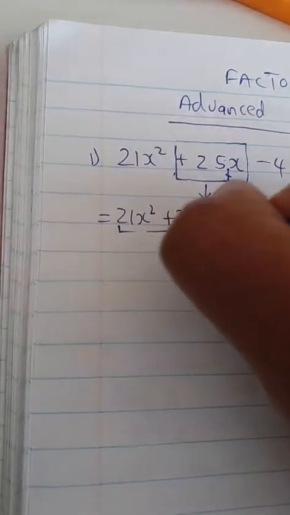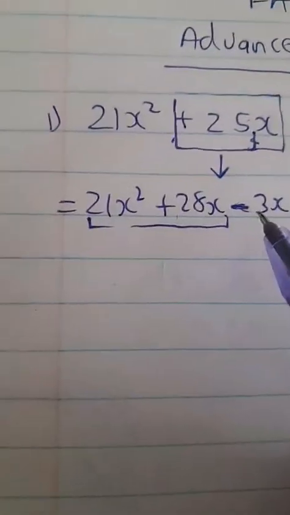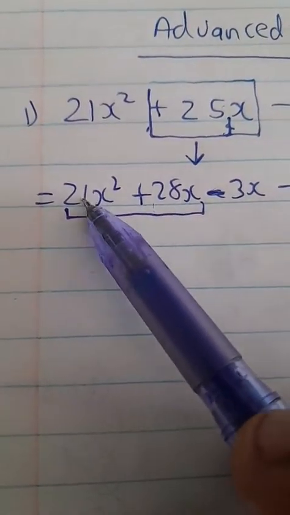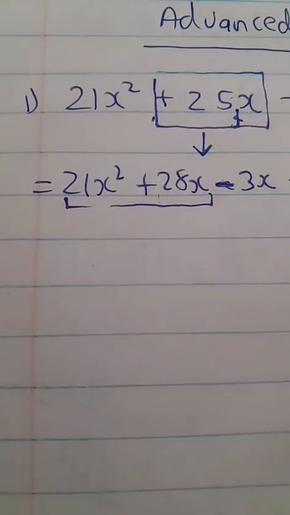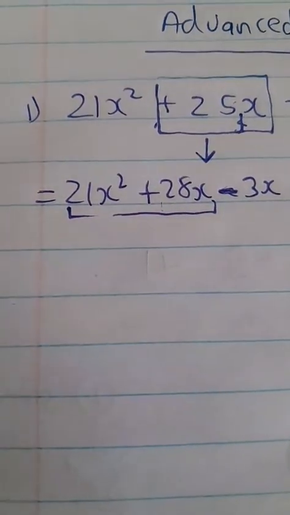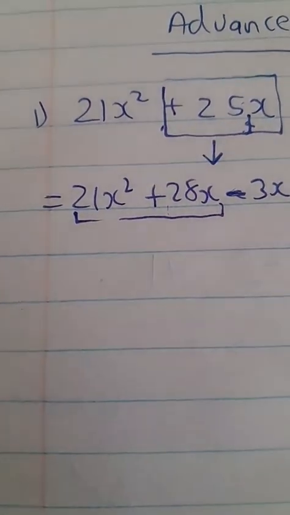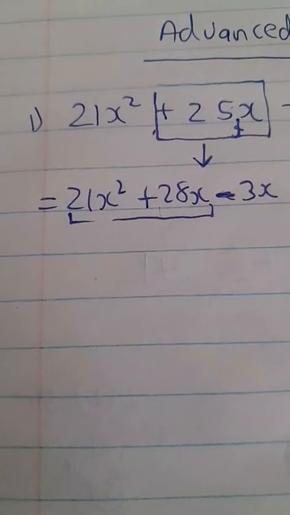So these first two, guys, what is the highest common factor between 21x squared and 28x? What is the number that goes into 21 and 28, the highest number? We start with the highest common factor sign, followed by the highest number, followed by the highest common variable.